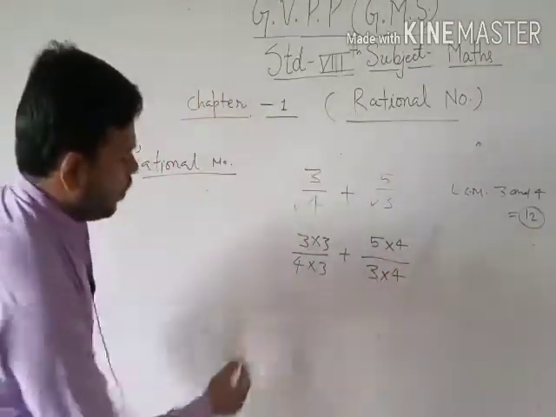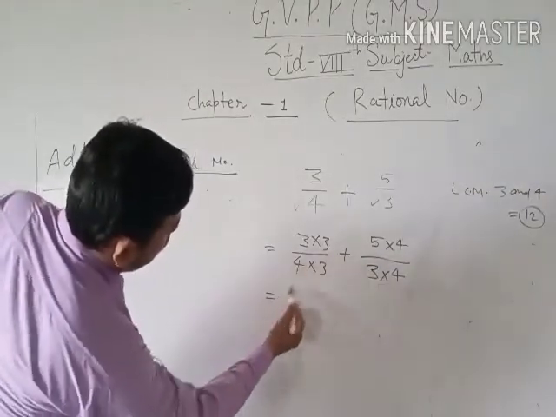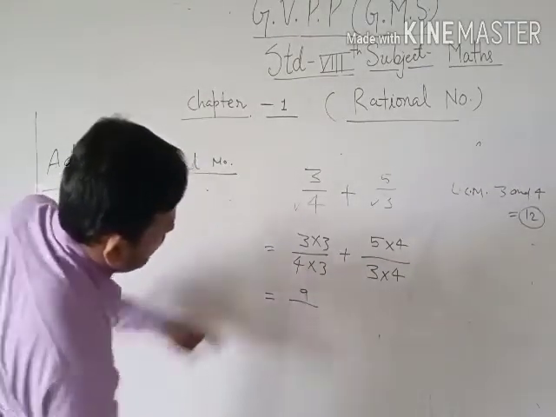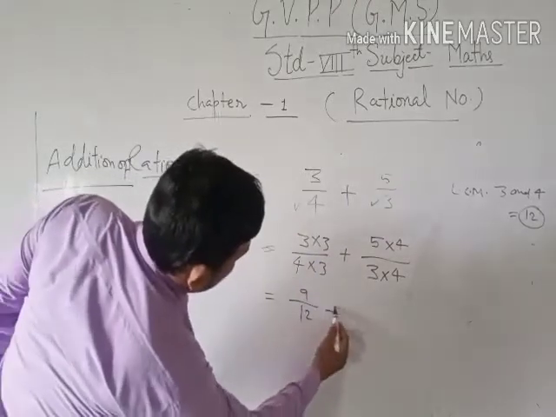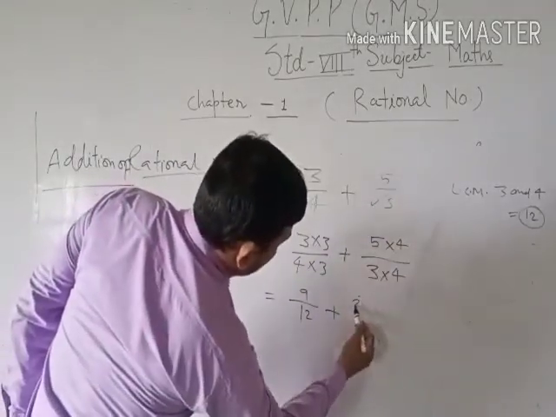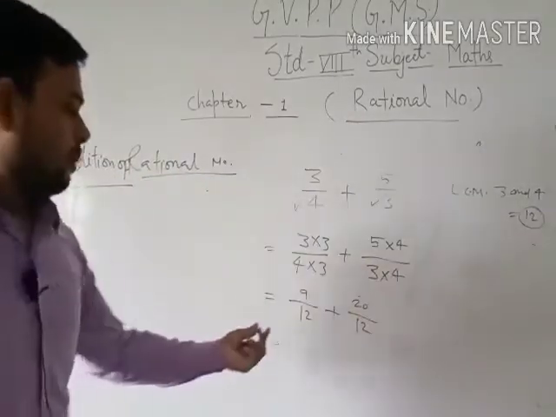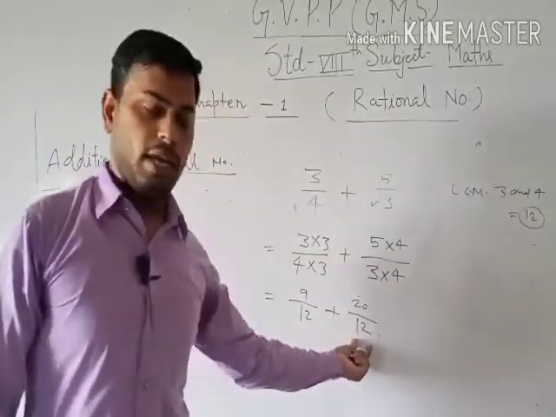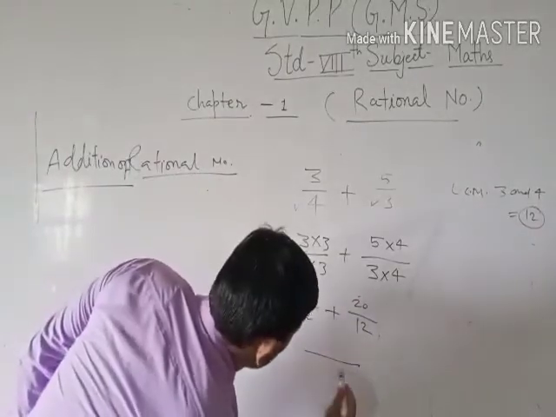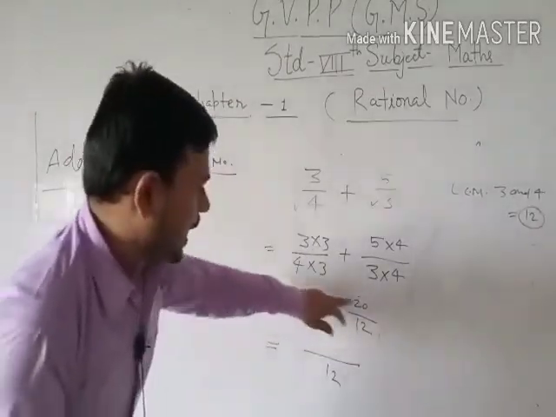Now if you multiply this, you will get 3 3s are 9 and 4 3s are 12, plus 5 4s are 20 and 3 4s are 12. Now you will see that both the denominators are the same. Okay, so you can write this as upon 12 and you will add this.